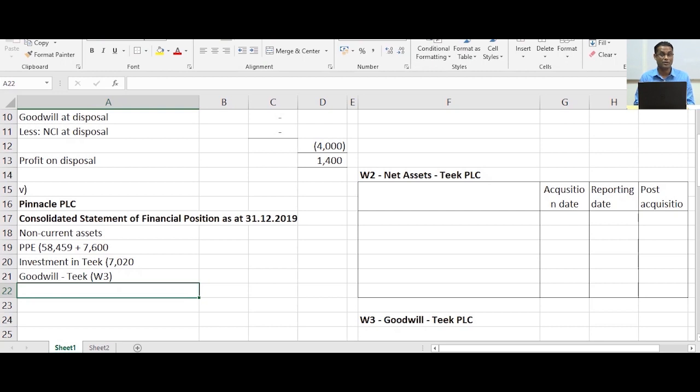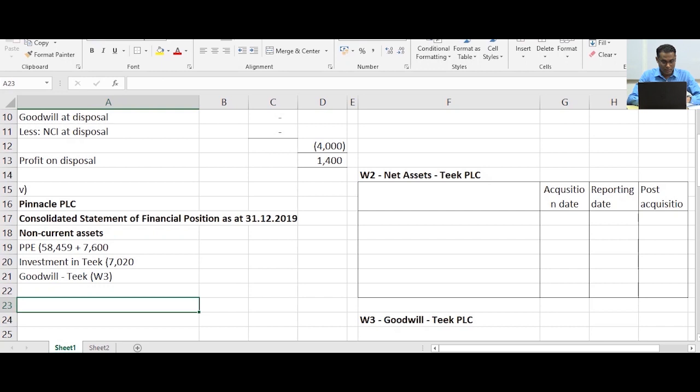If you have an investment in associate at the year end, you need to keep a space for that before writing down the current assets. But in this question it's not required, because by the year end it has been disposed. By the year end Teak PLC is a subsidiary, not an associate. This is what you require under the non-current assets, but as a practice you can keep 1 or 2 lines of space in the exam. Then if there's anything, you can insert.